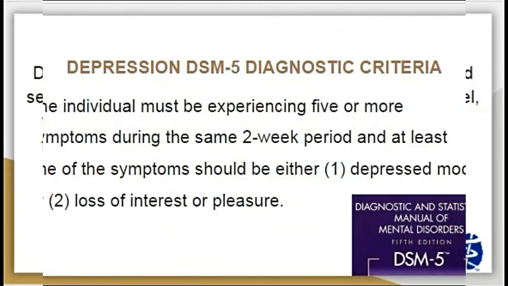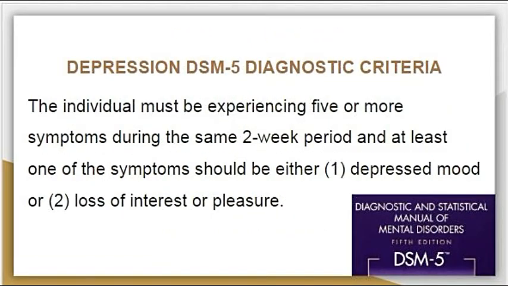We're going to look at how depression is diagnosed according to the DSM-5, which is a document, basically a questionnaire that psychiatrists use to diagnose mental illness. So we're going to look at what some of the specific symptoms are. In order to be diagnosed, the individual must be experiencing 5 or more symptoms during the same 2-week period, and at least one of the symptoms should be either depressed mood or loss of interest.